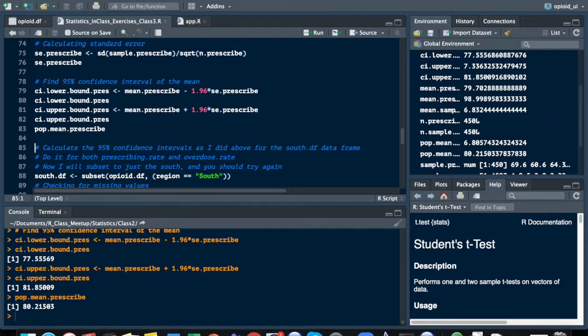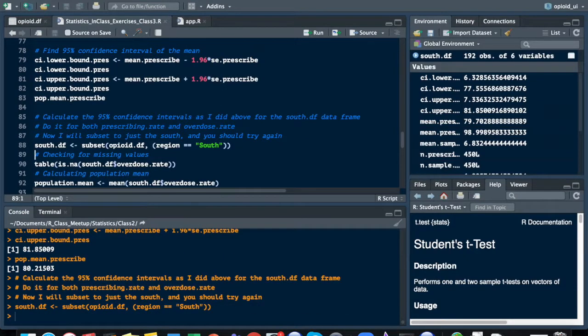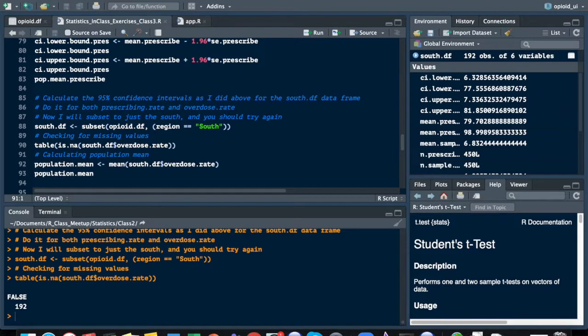So I subsetted the southern data to just the south region. I'm looking for NA values. So the way we would know this, I'm looking at this table, so I'm seeing false for 192. So that means there's no missing data.